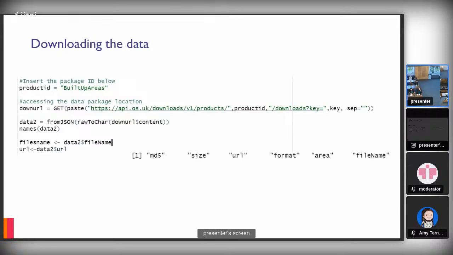I can then take some time and look at the different names that are present within that URL as extensions from it, and know that the two that I'm interested in are the URL, as that's the downloads URL, and the file name, to just simplify the process of downloading to my work directory.